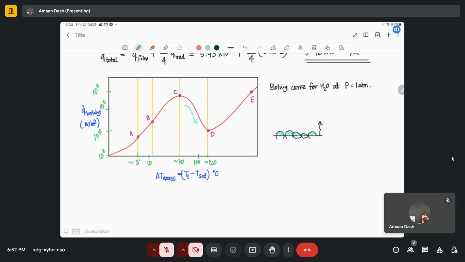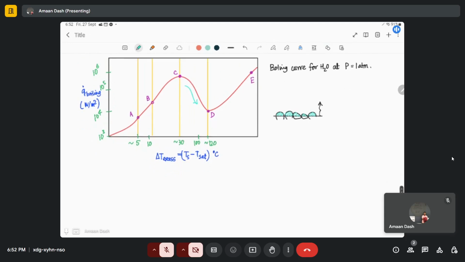And I can ask you more questions on this also, like which is better, dropwise condensation or filmwise condensation? This is a very typical question that you can expect.